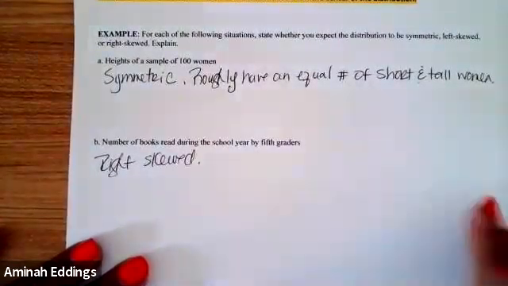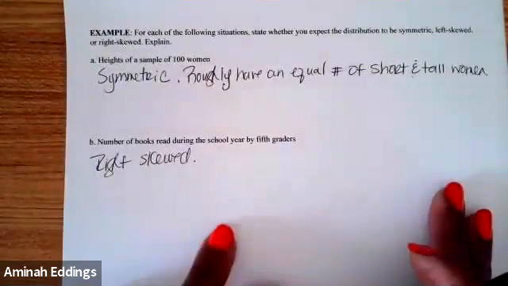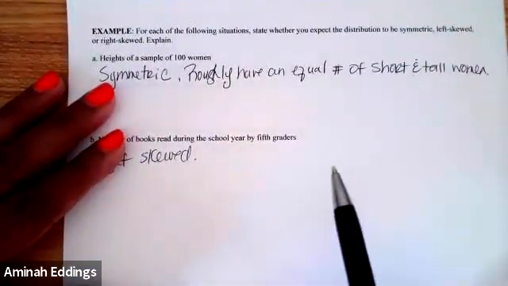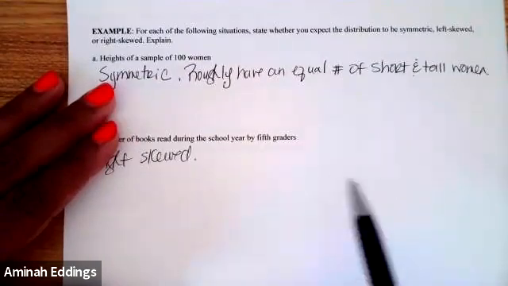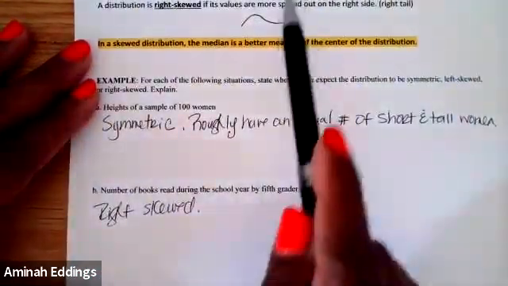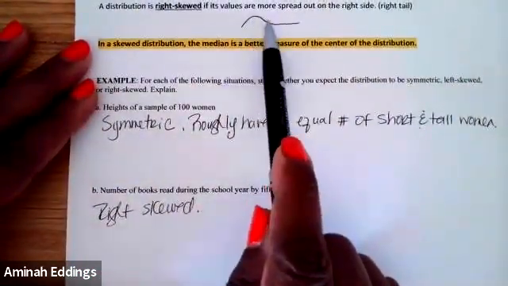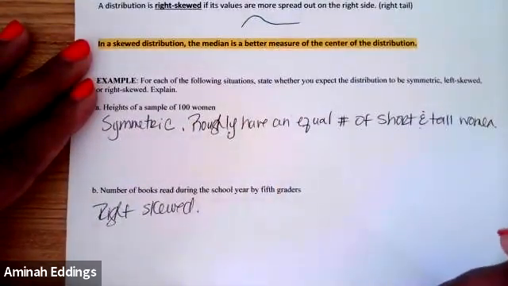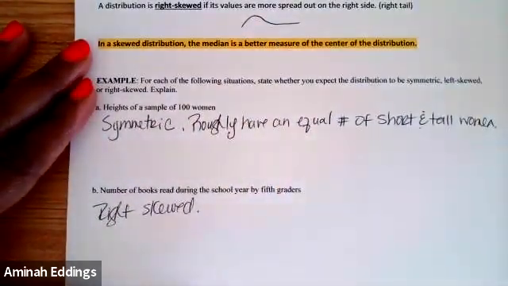You'll have a few who are going to read more, and you'll have an outlier, but for the most part, it's going to be right skewed. So more people will be on the right side. Questions there?